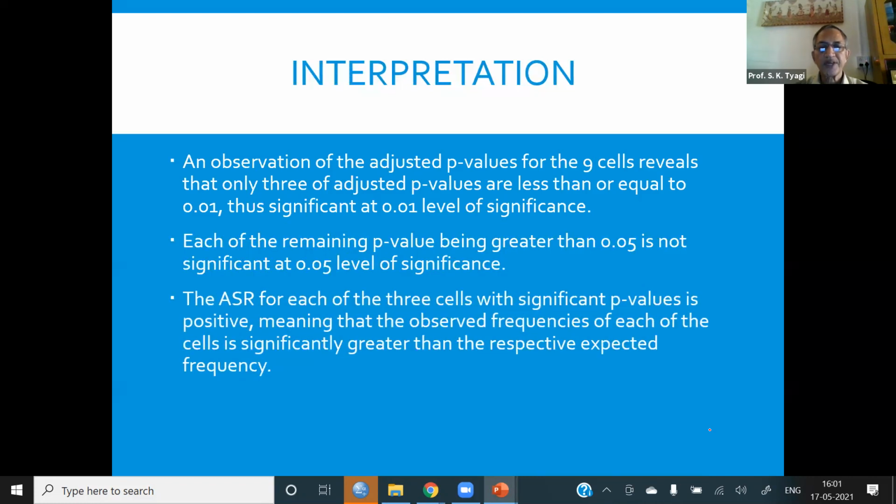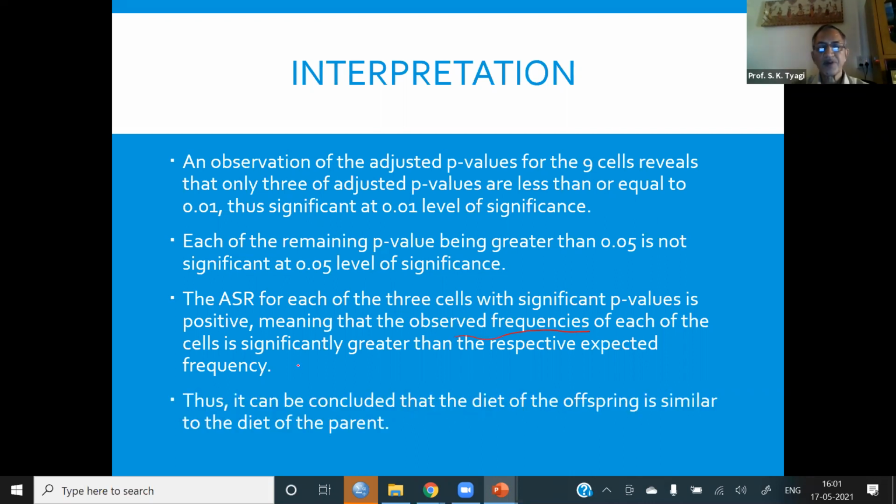The ASR for each of the 3 cells with significant p-values is positive. A positive sign means that observed frequencies are greater than the expected frequencies. That means it can be concluded that the diet of the offspring is similar to the diet of the parent. There is more likelihood of the diet of the offspring being the same as the diet of the parent.